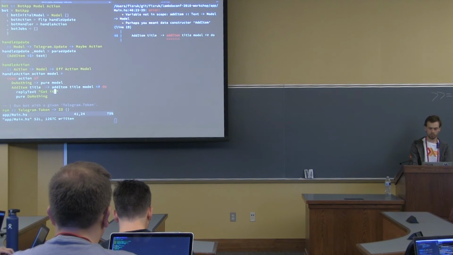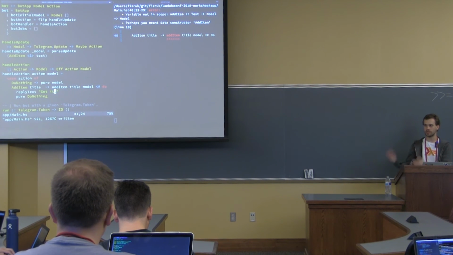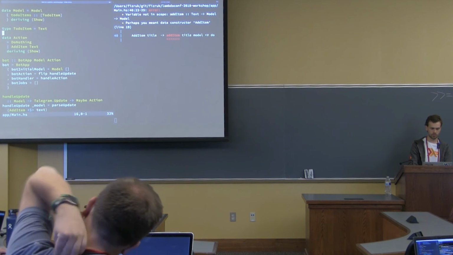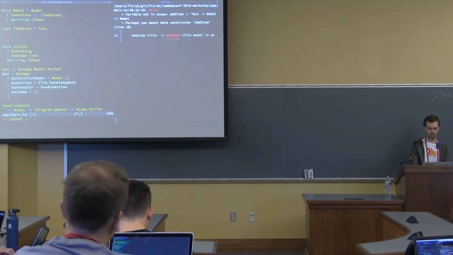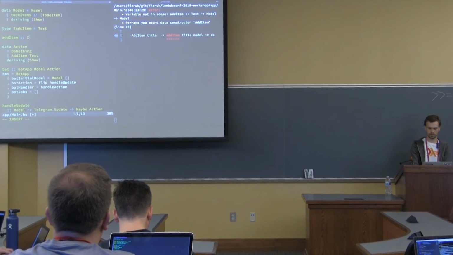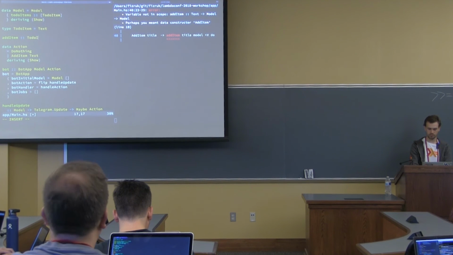So what's left to do is to define the add item function, right? We go somewhere where the model is defined and define this add item, which takes a to-do item and a model, and returns a new model.